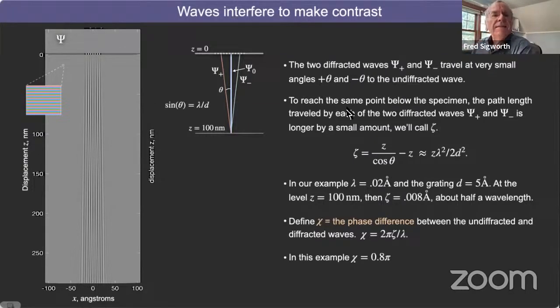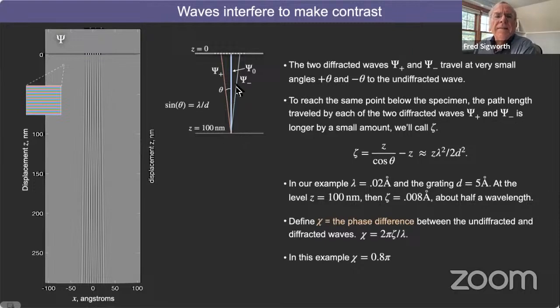Well, what's happening is that the undiffracted wave is interfering with the diffracted waves, and the diffracted waves are moving at this small angle. It's very small because the sine of that angle is lambda over d. And so if we pick some point down here, what we're looking at as far as the intensity is, we're looking at the intensity of the undiffracted wave plus the diffracted waves that have come down from other locations on the object, and they interfere right here.